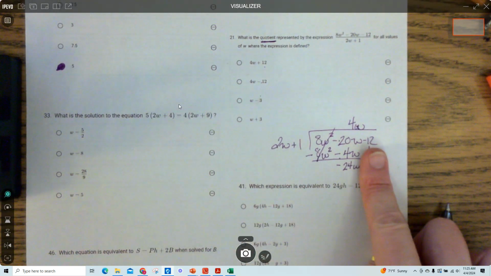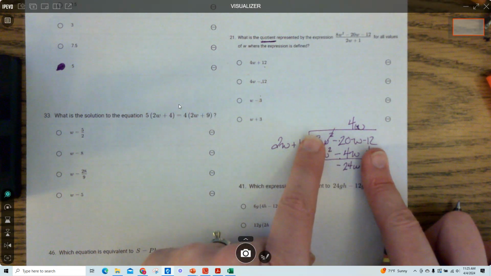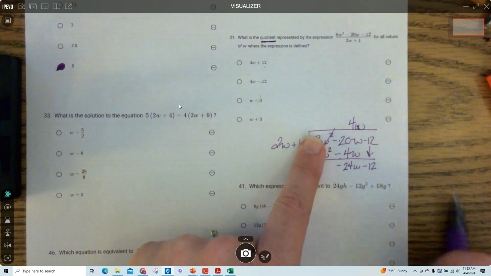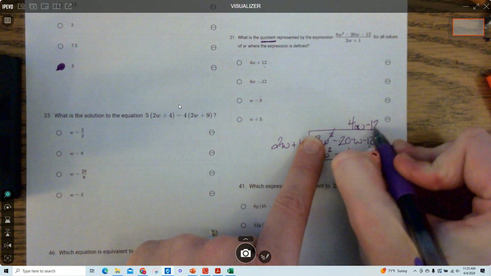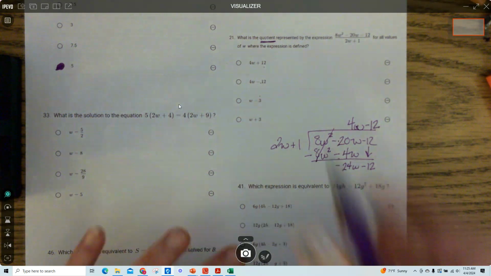Okay? First pieces again. Negative 24w divided by 2w. So what's negative 24 divided by 2? Negative 12. Guess what? I'm done. I don't have to do the rest of that problem because do you see the answer choice that matches now? Yes.